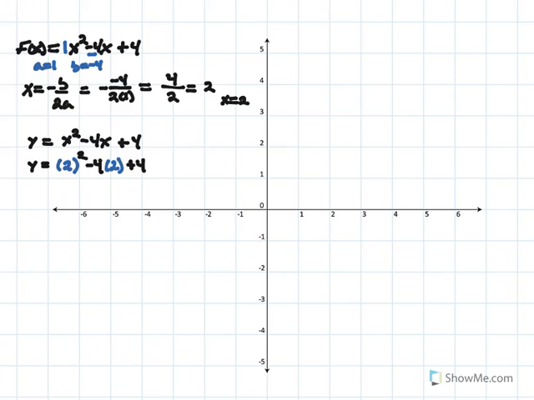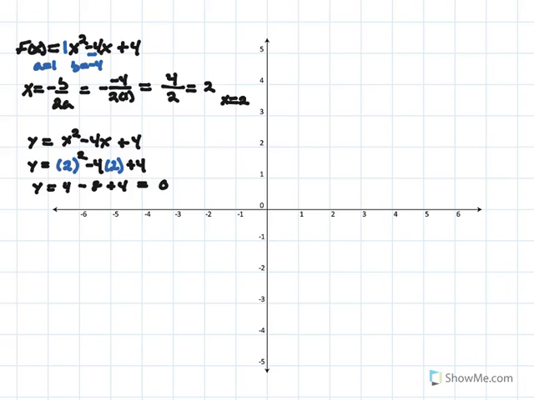So 2 squared is obviously 4, minus 4 times 2 is minus 8, and then plus 4. So that's going to equal, well, 4 minus 8 is minus 4, and then minus 4 plus 4 is going to be 0. So my y coordinate is 0, and my x coordinate is 2.